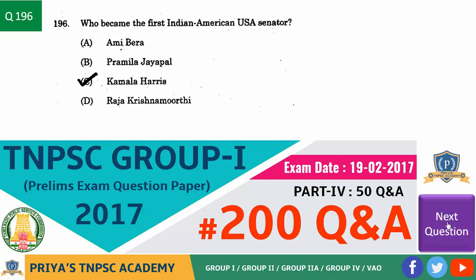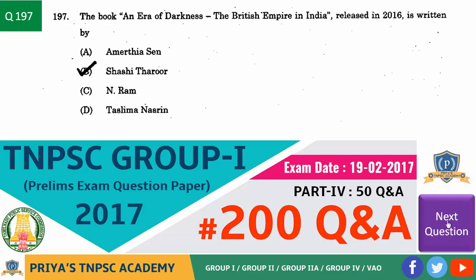Who became the first Indian American USA Senator? Answer is option C, Kamala Harris. Next question. The book An Era of Darkness, The British Empire in India, released in 2016, is written by? Answer is option B, Shashi Tharoor.